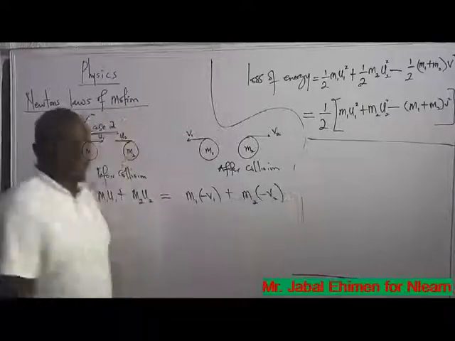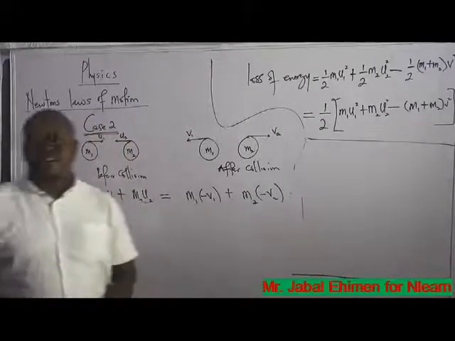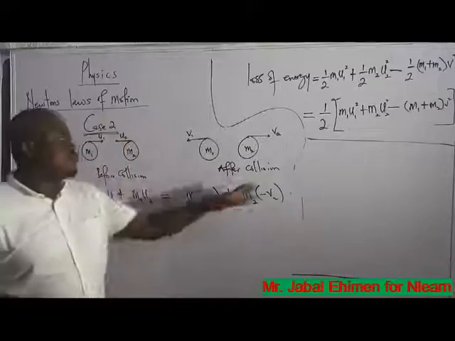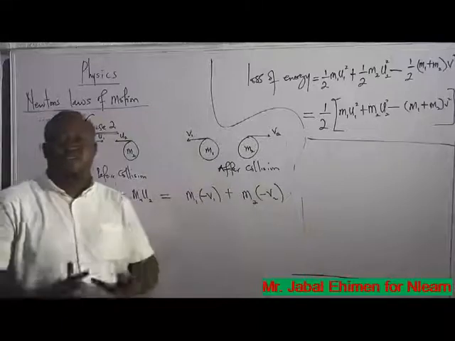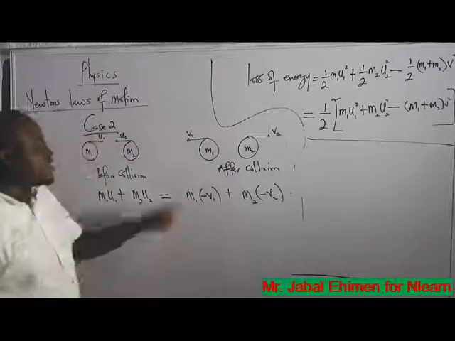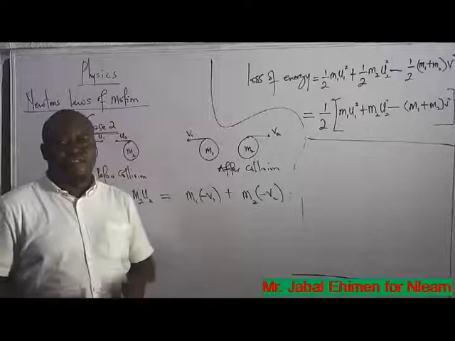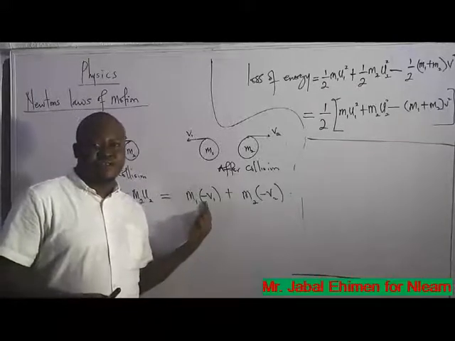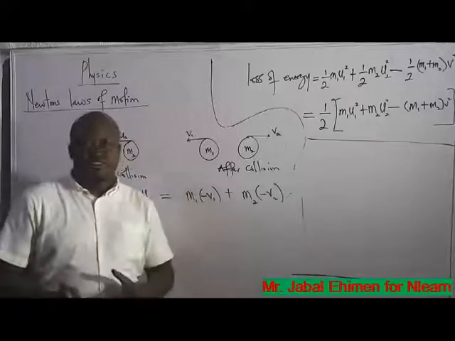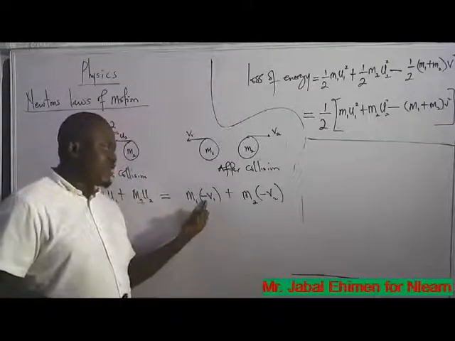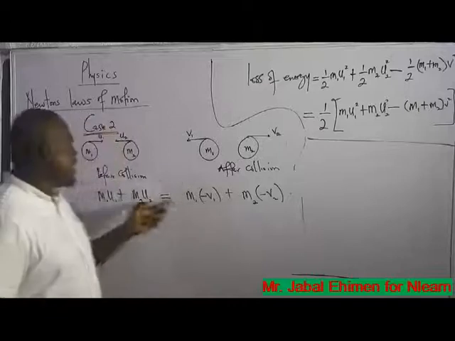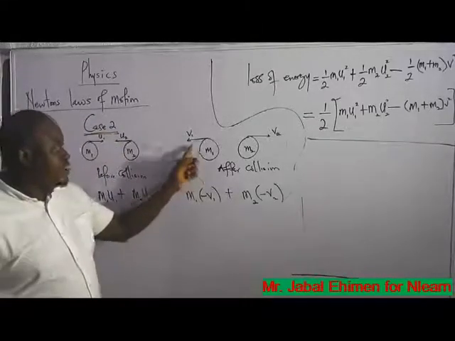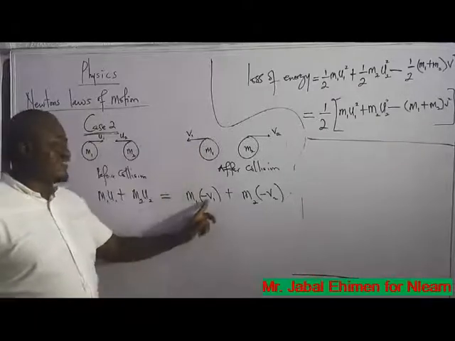And someone asks, question, where did the negative sign come from? The negative sign comes from the fact that after the collision, they respectively change their direction. So the change in that direction will give the value of minus. So when their direction changes, negative sign is applied. So here, this is the direction of M1, but here look at its direction, it's the opposite. So the sign will change.